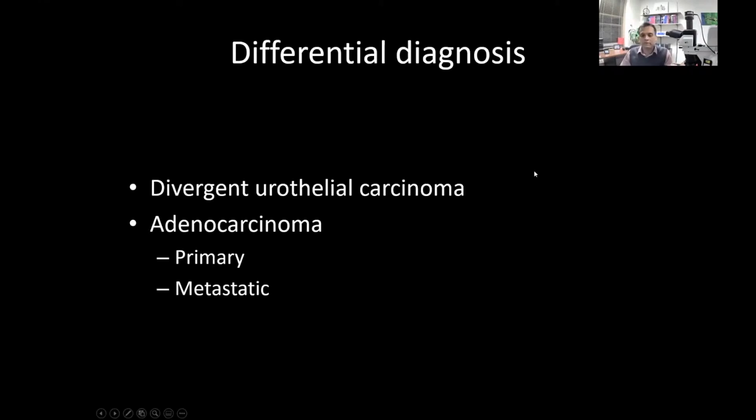Now we know that urothelium as a histologic element is very plastic, and it can show a lot of divergent differentiation: squamous carcinoma, adenocarcinoma, small cell, sarcomatoid. There can be a lot of things that happen. So maybe this is some kind of unusual divergent urothelial carcinoma. And then you also have to consider the probability of a pure adenocarcinoma, which could be either primary or which could be possibly metastatic from another location.